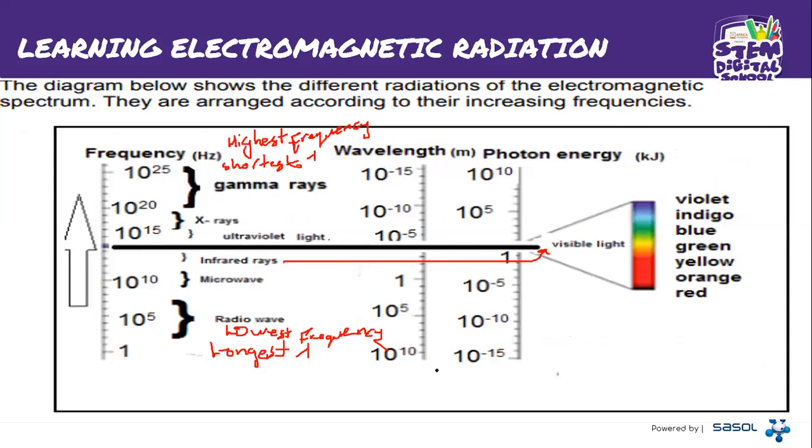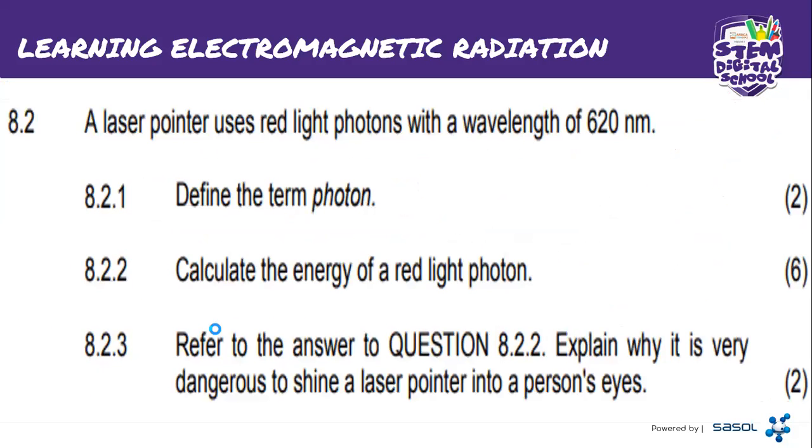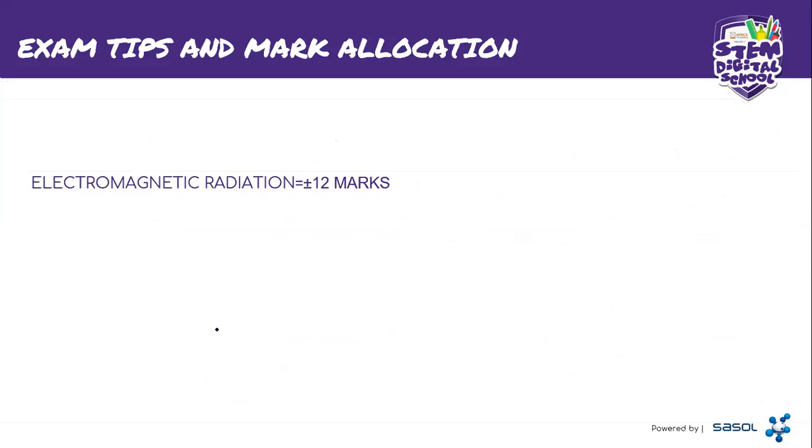As a result, our answer there is that the energy in 9.5 is going to be smaller than the energy of the electromagnetic wave in 9.4. Right.